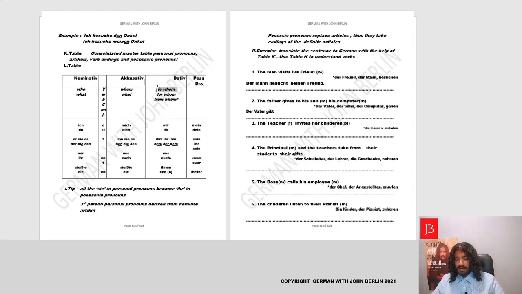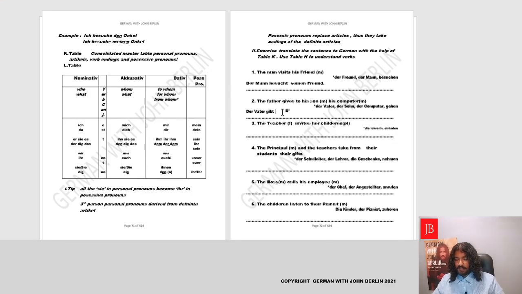To whom? Yes. So first we'll just say to the son. So son is masculine, we'll go to dem, and we don't require dem as such. We require the possessive pronoun, which is his. So his is once again mein, dein, sein. We'll pick up sein and we'll give it the ending of dem. Yes, because sein is replacing dem.